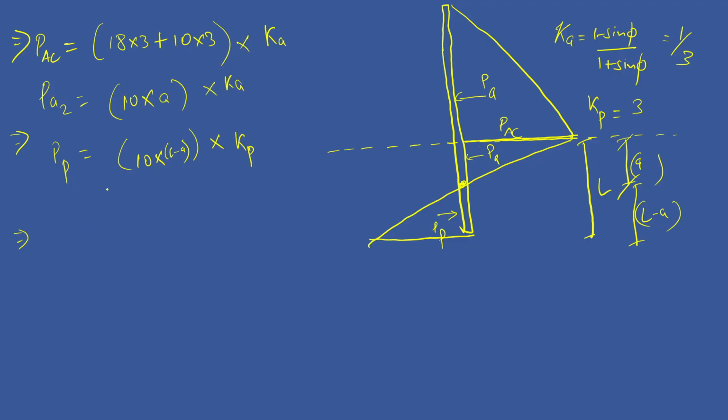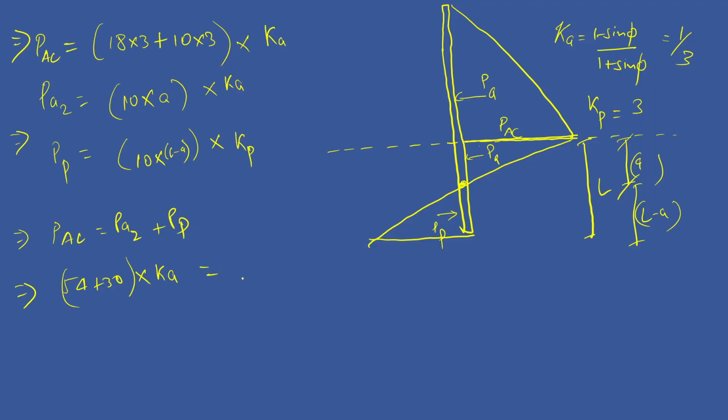Now basically we need to equate these forces. So your PAC is equal to PA2 plus PP, right? Now the only problem is we don't have the L value available with us. So your 18 into 3 is 54 plus 30 into your Ka.